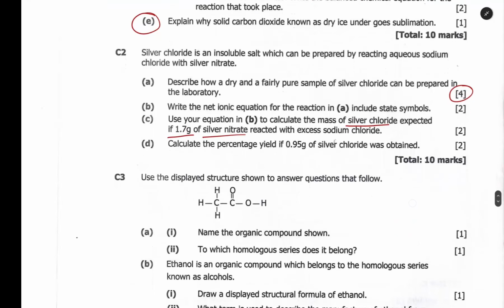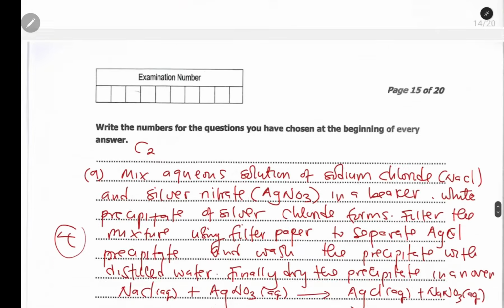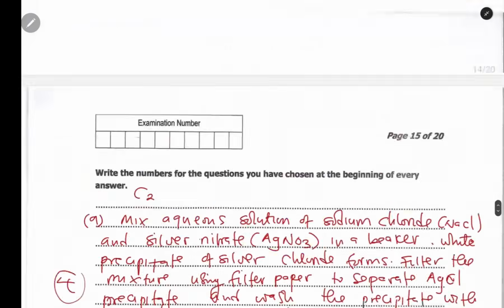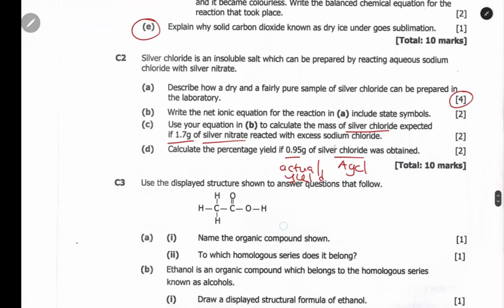Then calculate the percentage yield if 0.95 gram of silver chloride was obtained. So this is the amount obtained, which is the actual yield. So to calculate the percentage yield, that is this question, what? Is it question C?